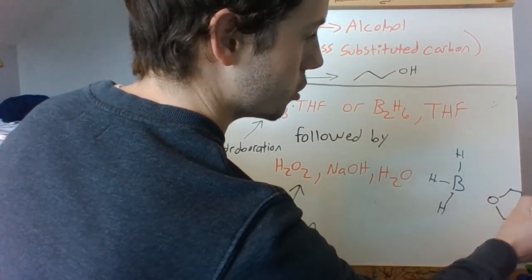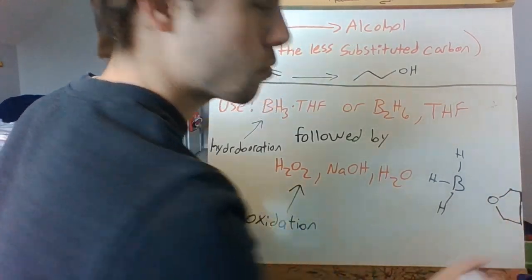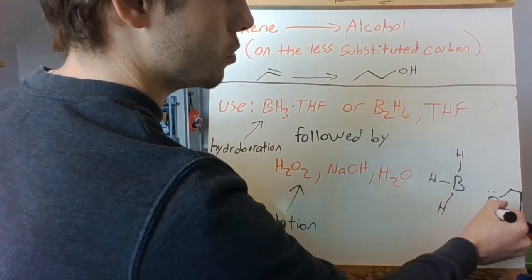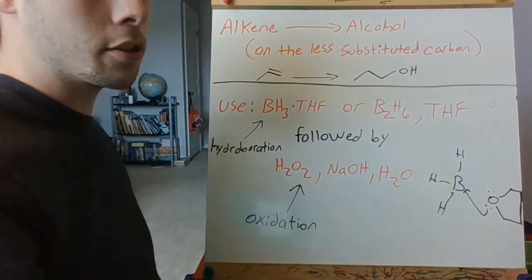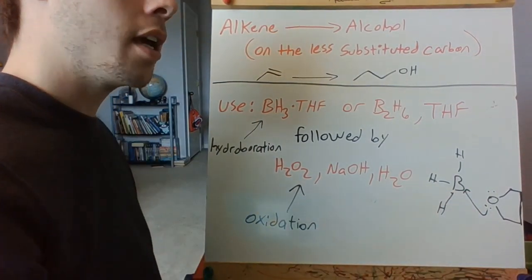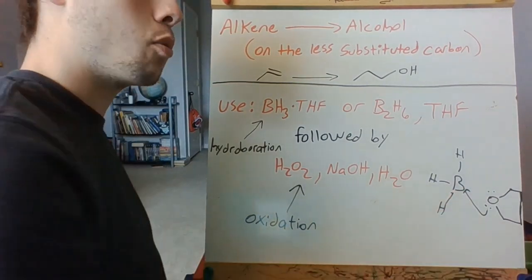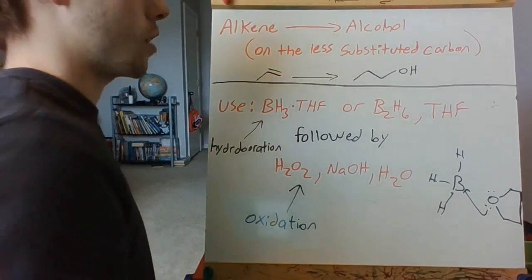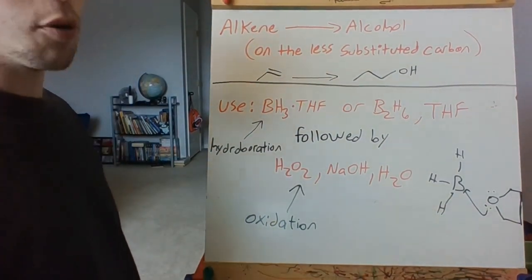And so THF looks like this, where this is a 5-membered ring. And then the oxygen is able to share one of its electron pairs with the boron. So the boron acts as a Lewis acid, and this helps stabilize this boron, because without this, it is highly reactive and we're not able to use it or buy it in a bottle.